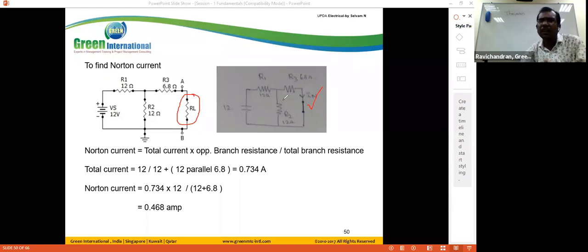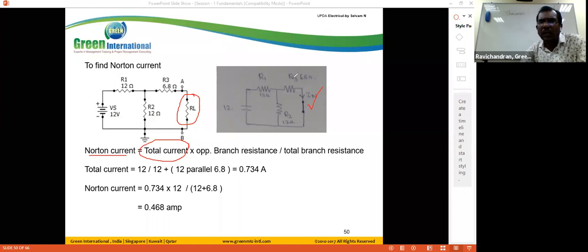This is a simple circuit. So to find the Norton current, which is equal to total current into opposite branch divided by total branch resistance, our first step is to find the total current.